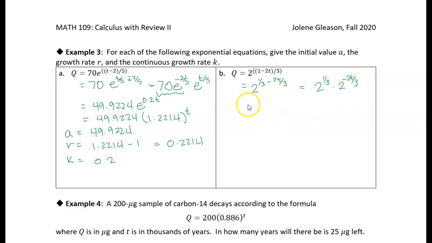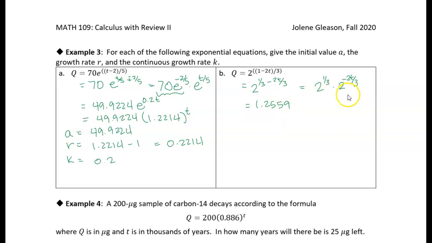All right, so now we can calculate this constant right here. This 2 to the 1/3 is 1.2559 when I put that in my calculator.